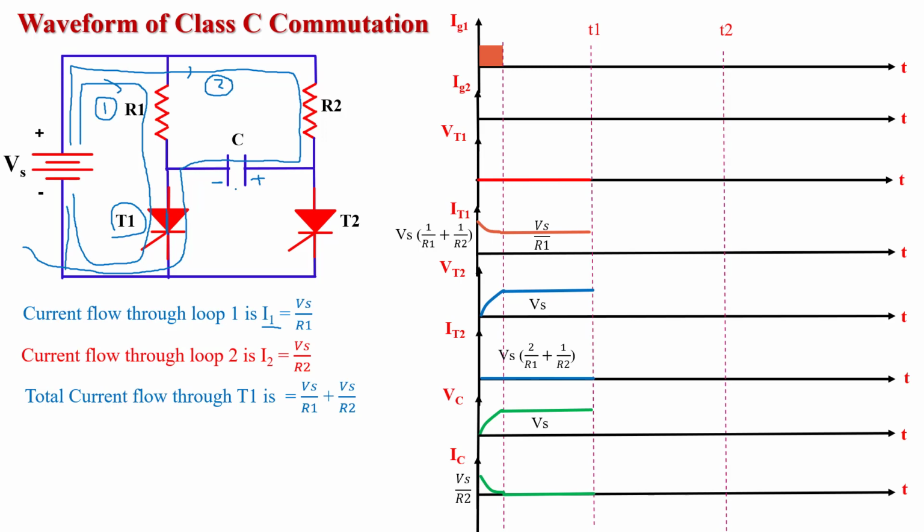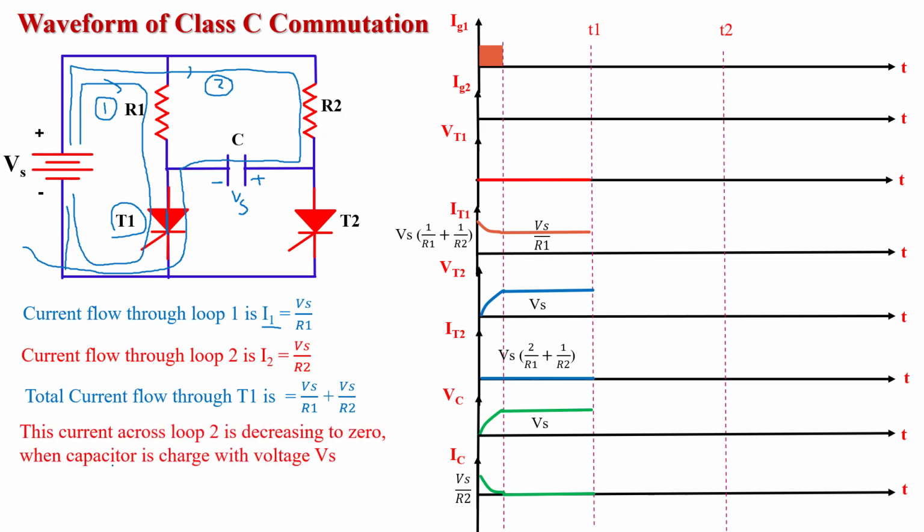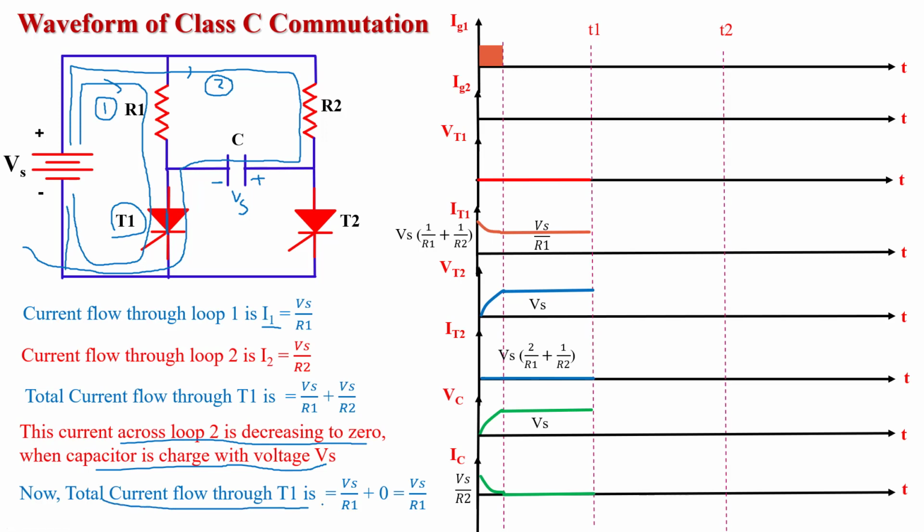And when the capacitor is fully charged with Vs supply voltage, the loop 2 current decreases to 0. At that time, the total current flowing through the T1 thyristor is only from loop 1, that is Vs by R1.